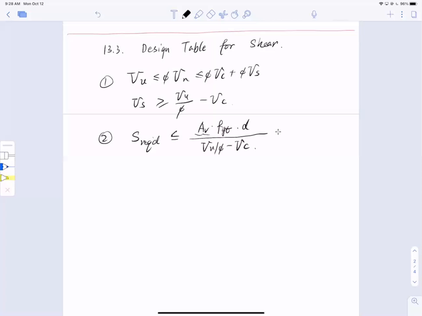So this is the second step, you calculate the required spacing.